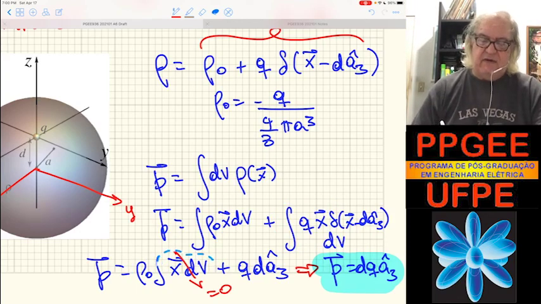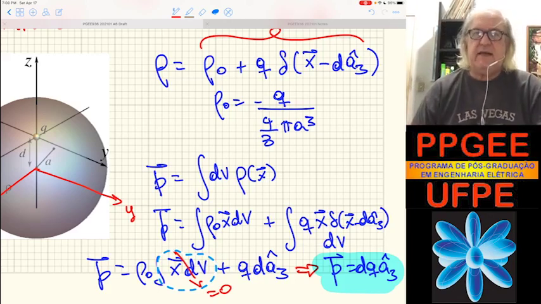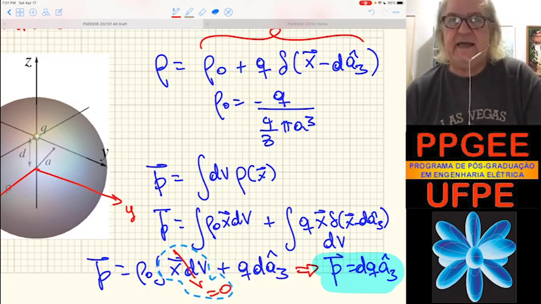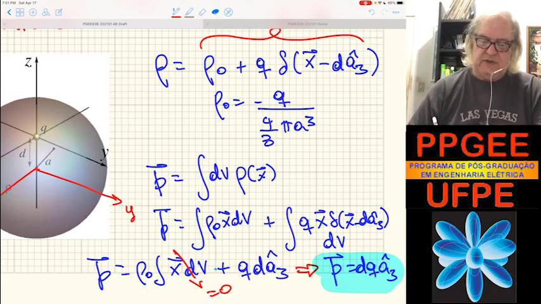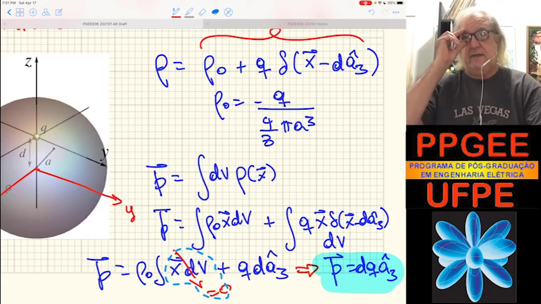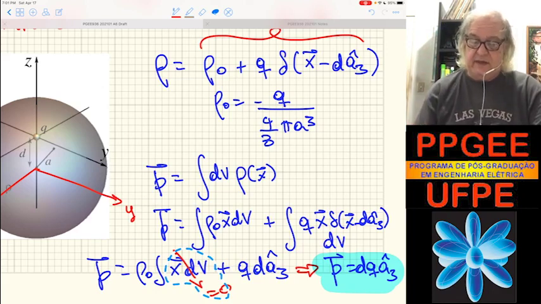This is the average value of the x vector in spherical coordinates. That's going to be 0 because the average value of the x vector is the origin of the sphere. You can calculate that by decomposing x in spherical coordinates, but it's easy to demonstrate by these arguments that the value is 0. And the other one is going to be simply q d a_z. So the dipole moment is q d a_z.